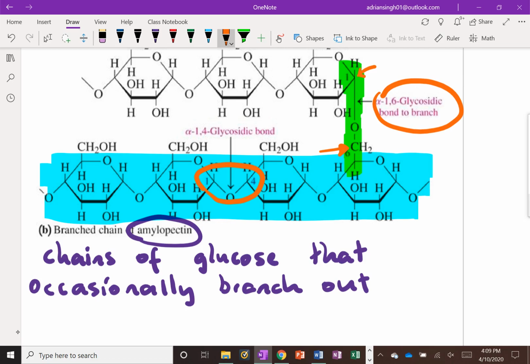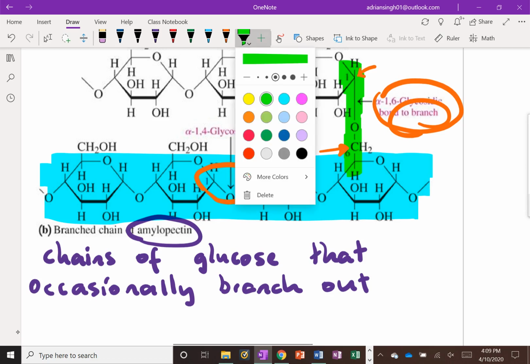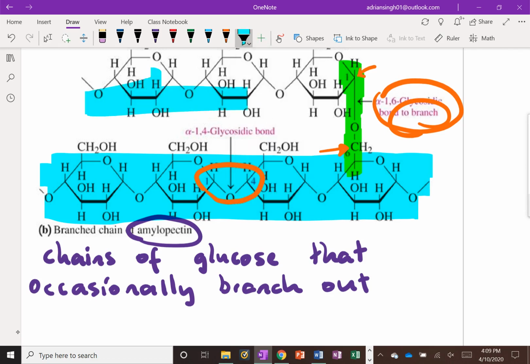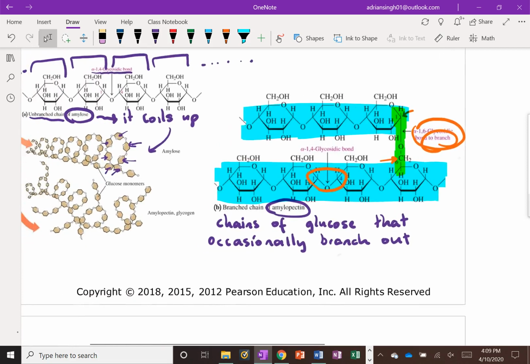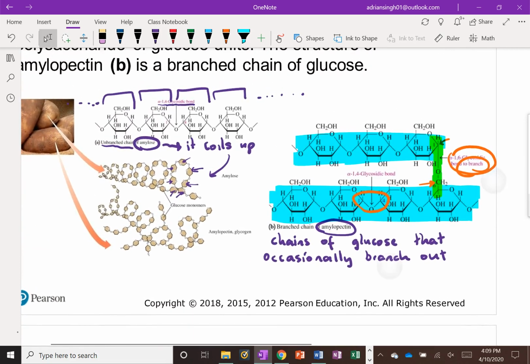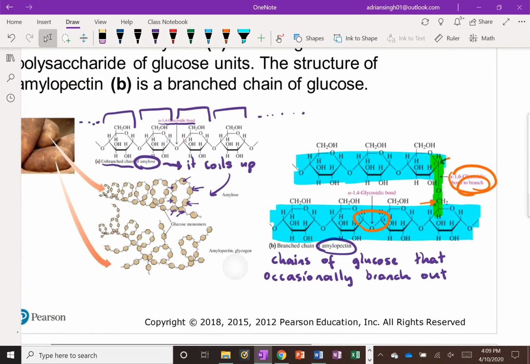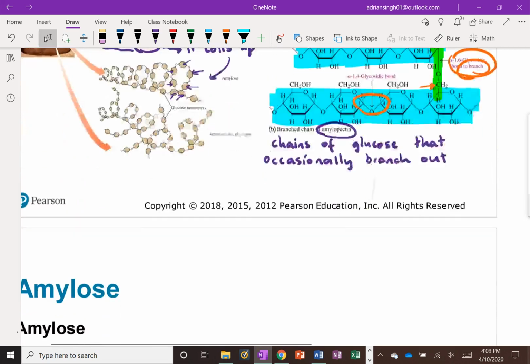So the alpha 1,6 glycosidic bond, that's the branch that branches out, and then there's another chain of glucoses going from left to right, and then that one may branch out in another case as well. All right, so the difference between amylose and amylopectin has to do with the degree of branching. In amylose, there is no branching. In amylopectin, there is branching that occurs.